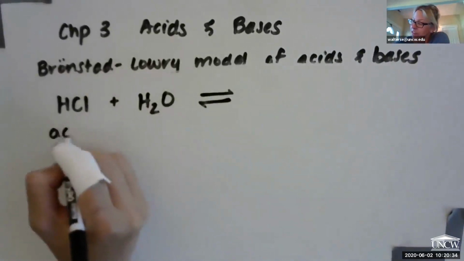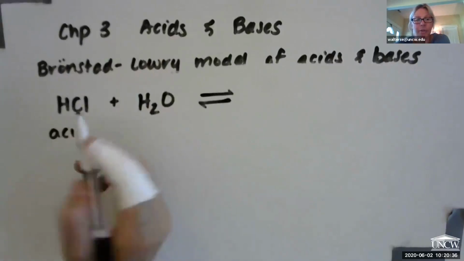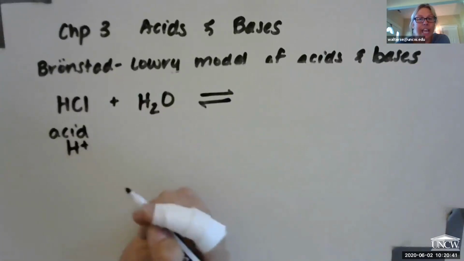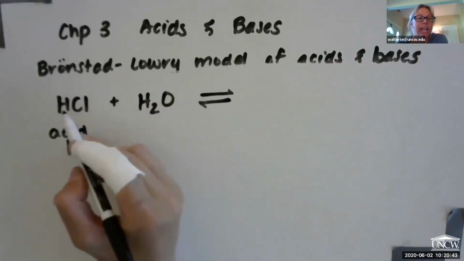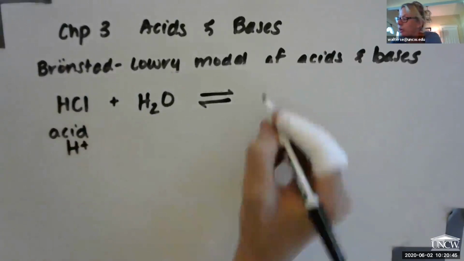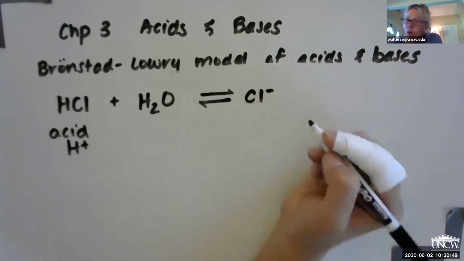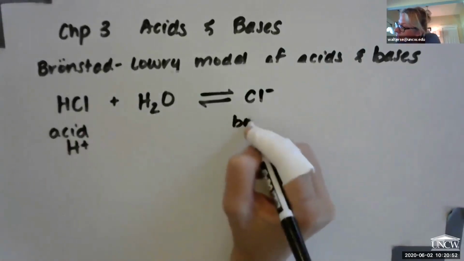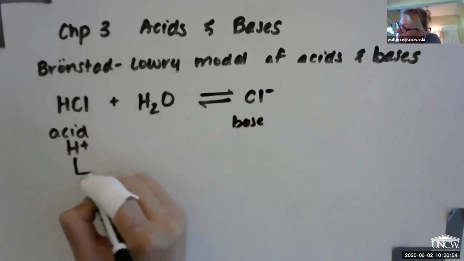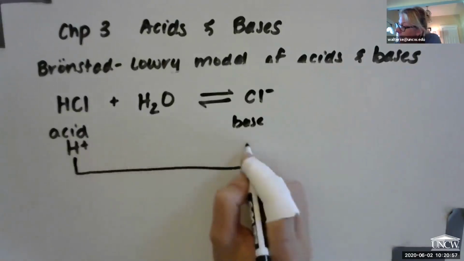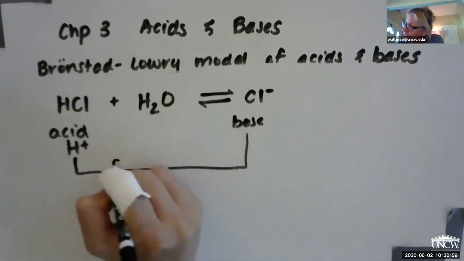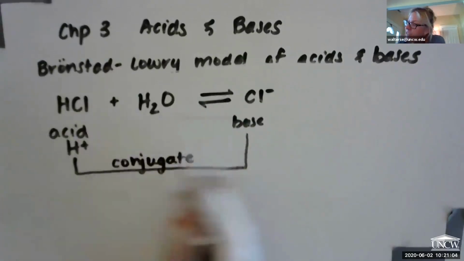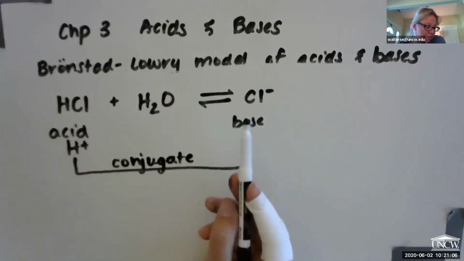This species functions as an acid, so it's going to donate an H+. So a proton is a hydrogen cation. It's going to donate the H+ to the water, and what will be left over is a chloride anion. So now this is a base. It's the conjugate base of the HCl, so this is a conjugate pair. And they differ only by one proton.